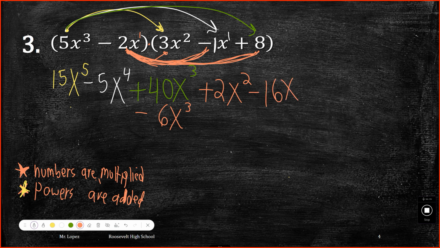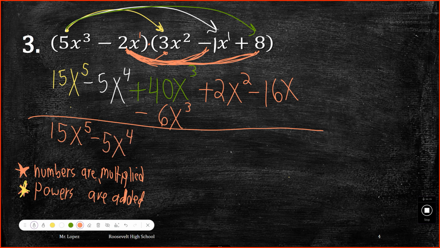Yes. And now I'll draw a line. There's nothing to add to 15, just bring it down. Bring down the negative 5x to the 4th. Is that 34x cubed? Yes. Combine like terms, that 2x squared. And is that minus 16x?